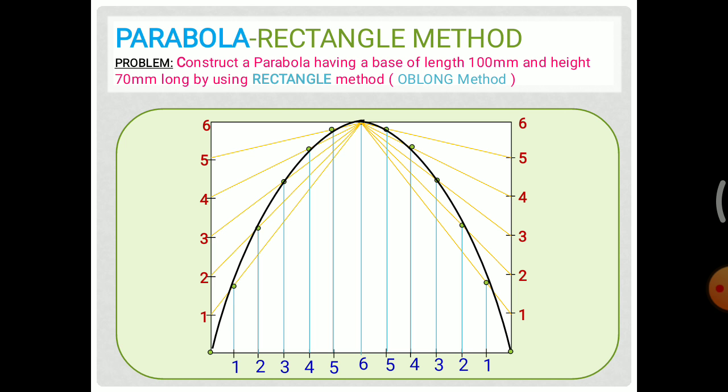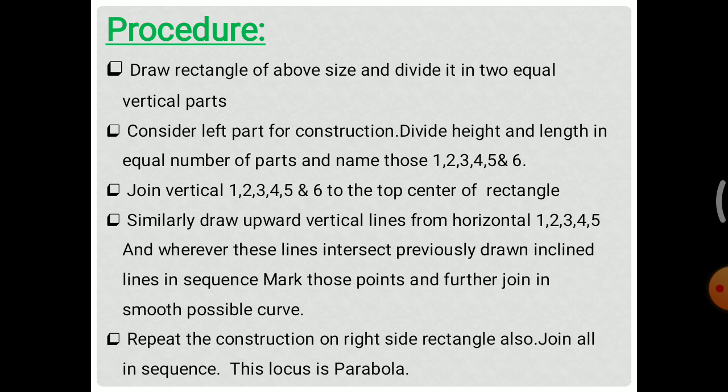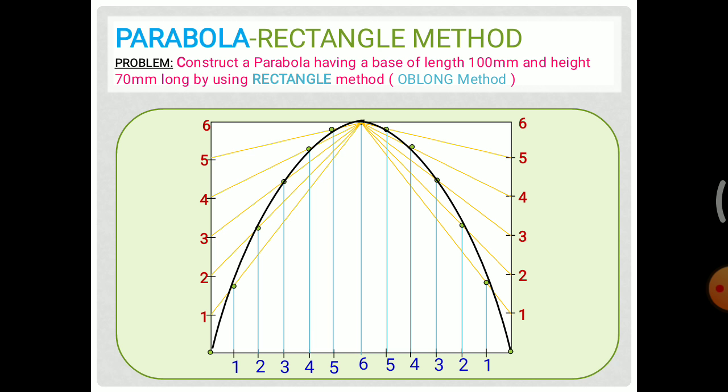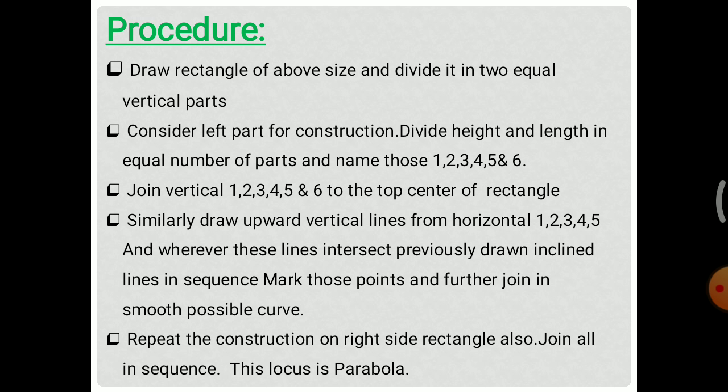So this is using the rectangle method, and this is the basic procedure for construction of the parabola. So the first step is to draw a rectangle of the above size, that is 100 mm length and 70 mm height, and divide it into two vertical parts.